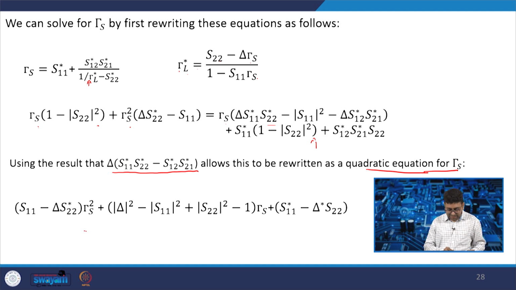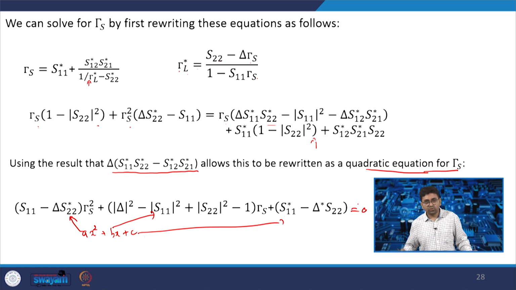So we can find the value of gamma S by using this quadratic equation. It is nothing but ax square plus bx plus c, where a is this, b is this, and c is this, equal to 0.